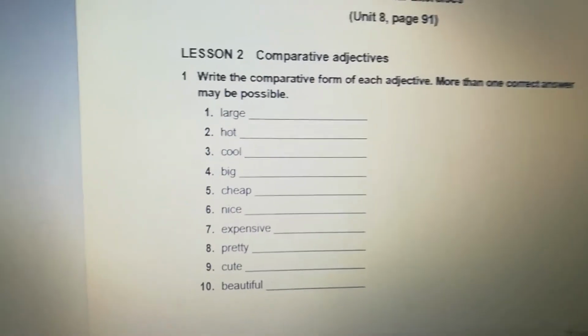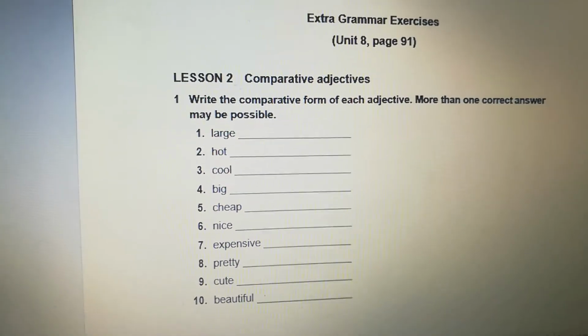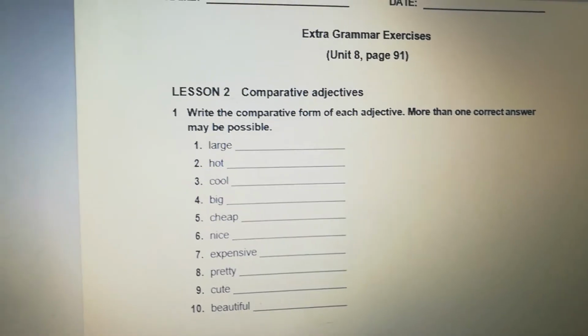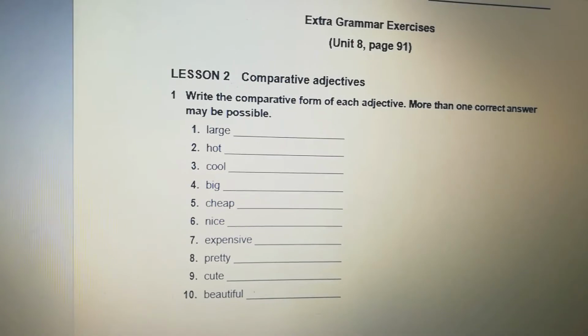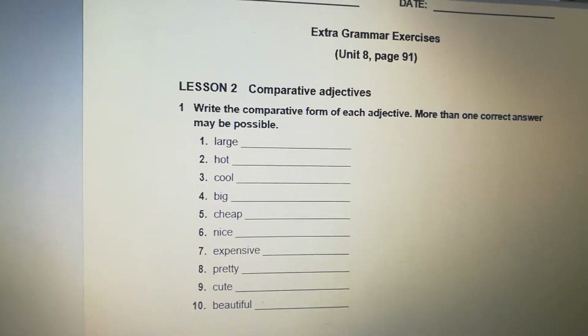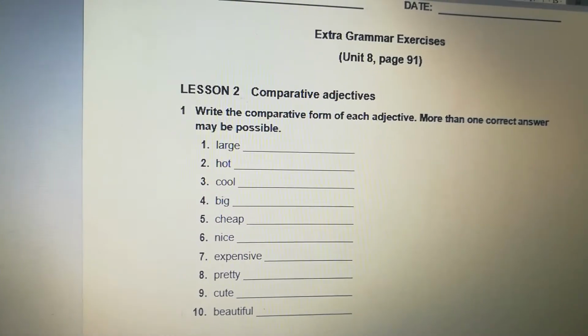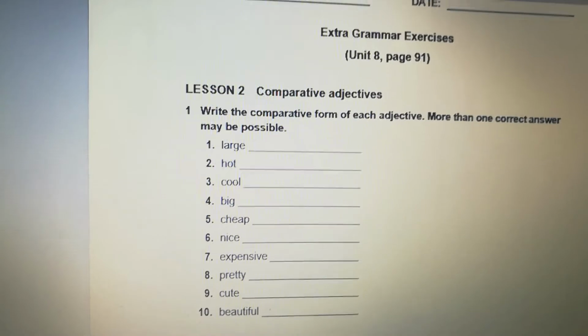But what happens here? In hot, you have a sequence consonant, vowel, consonant. Okay, it's monosyllabic and you have consonant, vowel, consonant. So you need to double the last consonant. So at the end, you add ER. So hotter, okay? Hotter with double T.